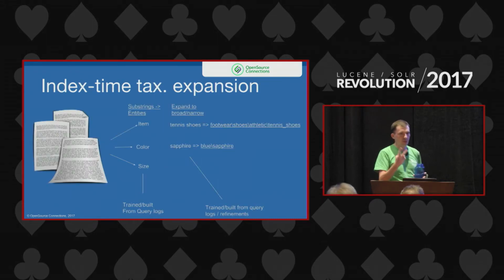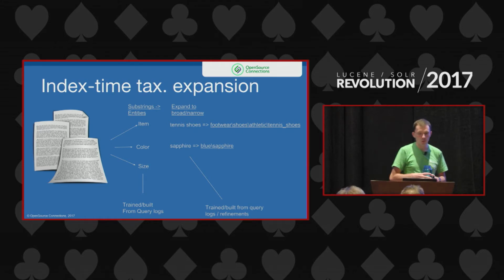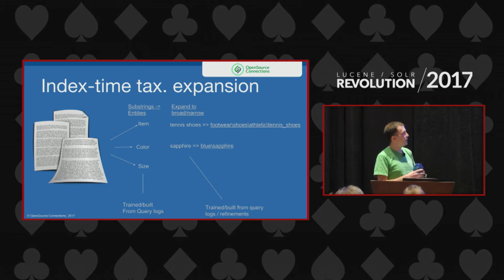So there are two approaches I'm going to talk about that I find really useful when dealing with these things. I work with a lot of companies and organizations, and I had a client who was basically indexing all of Shopify's apparel data.